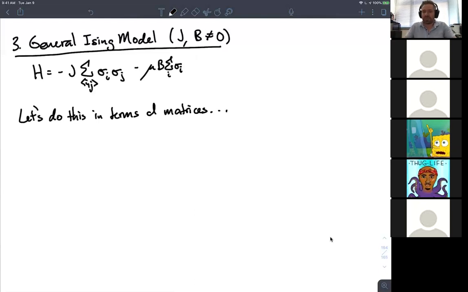Before we do that, I want to remind us of a couple ways to express matrices.